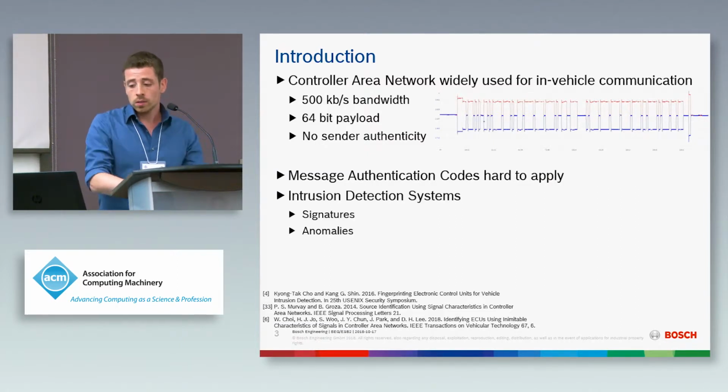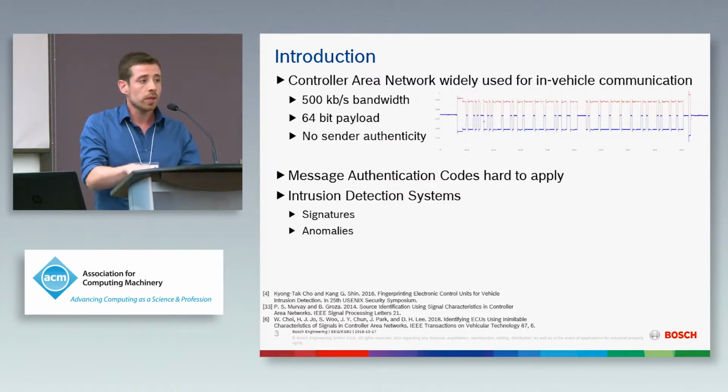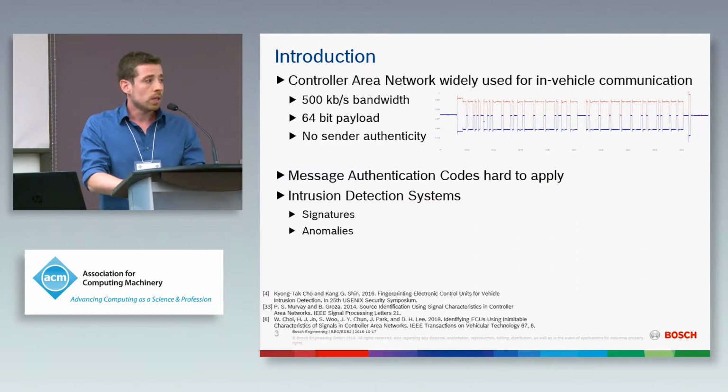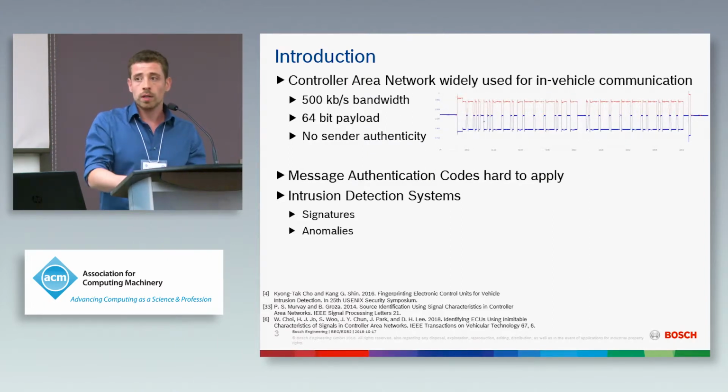Another technique is intrusion detection systems, for example, signature-based. Here the system looks for some kind of attack patterns, and if one of these patterns is present, then the system triggers an alarm. Another idea is anomaly detection. Here you specify the normal behavior of the car, and if this is in some way violated, then the system triggers an alarm.